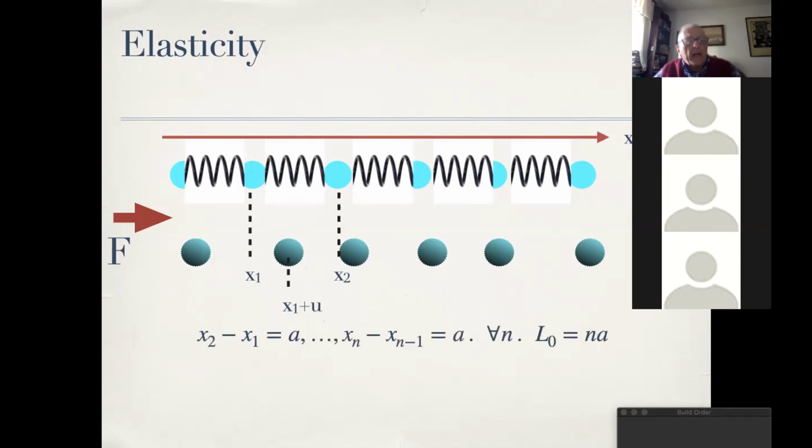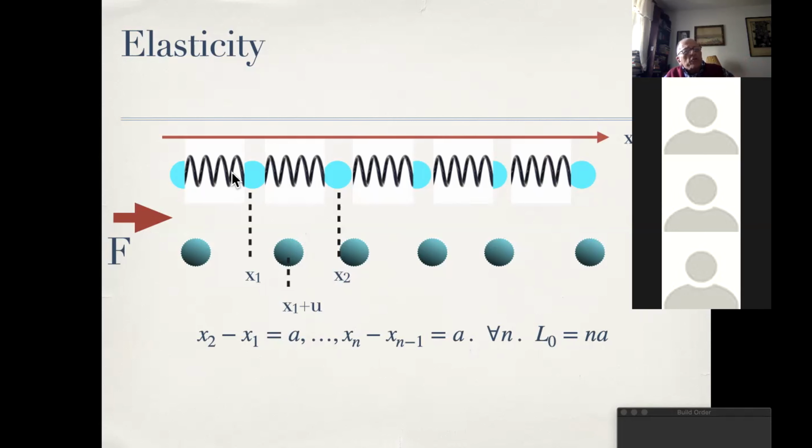So I have put a restriction on my positions, namely such that the difference between x2 and x1 is equal to a, between x3 and x2 is also equal to a, and so forth and so forth. And I shall call that length a lattice constant.